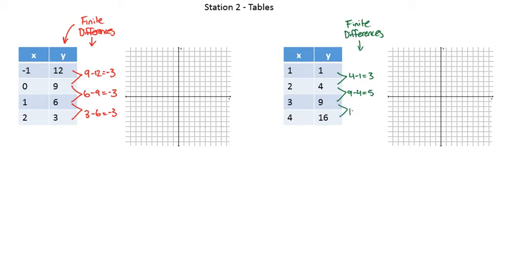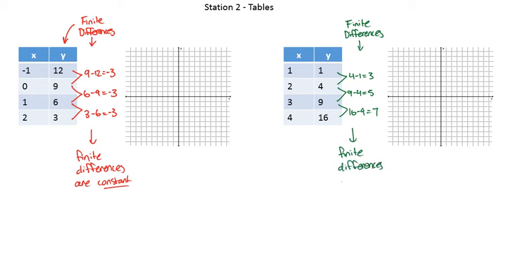And then we get 16 minus 9, which is 7. So in the first table, the finite differences are constant. And in the second table, the finite differences are not constant. And this is a key difference between linear and nonlinear relationships when you're looking at the tables.